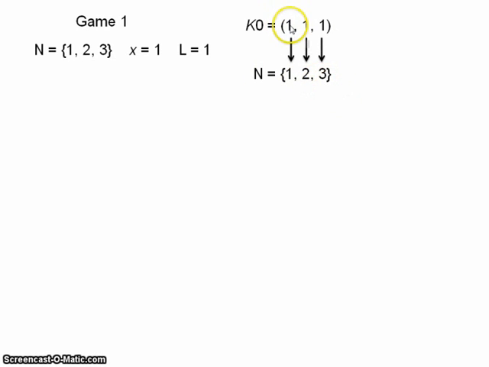The first number in the knowledge state corresponds to the first number of N, the second number of the knowledge state corresponds to the second number of N, the third number of the knowledge state corresponds to the third number of N. And our goal, remember, is to locate one of these numbers in N. Now, these numbers in the knowledge state will change as we ask our questions, as we learn more about our search space, basically.